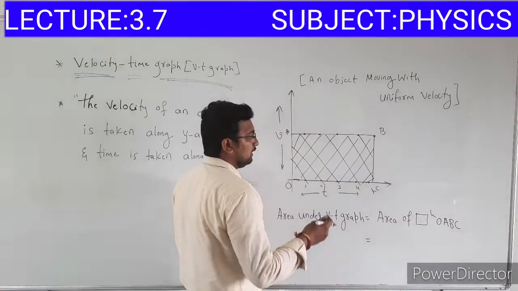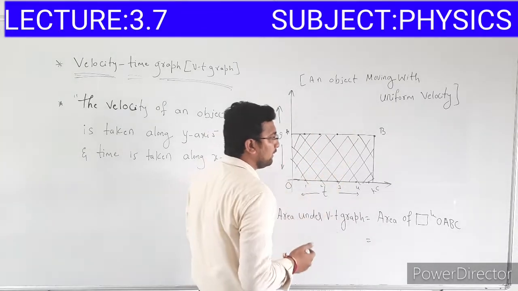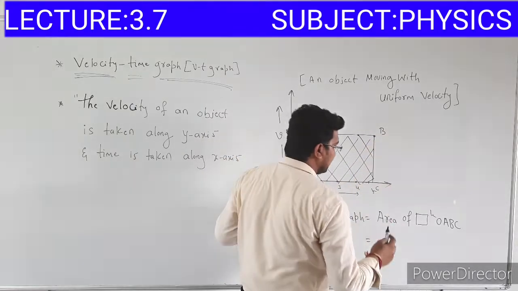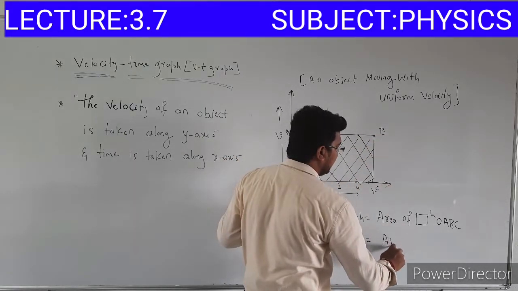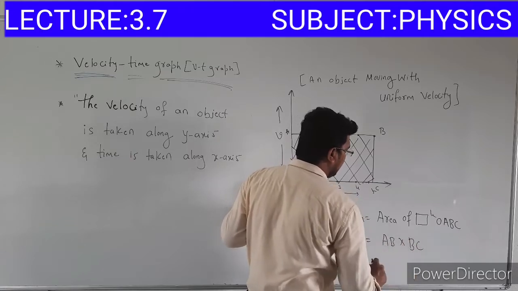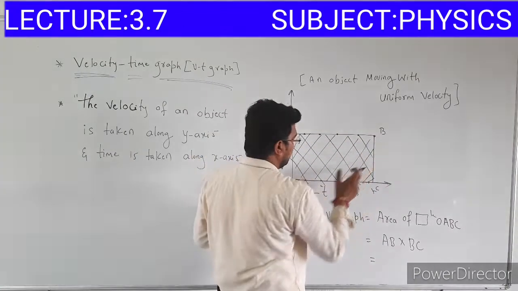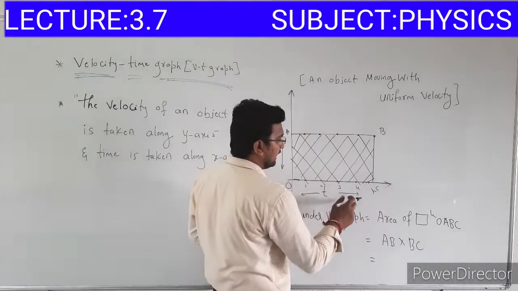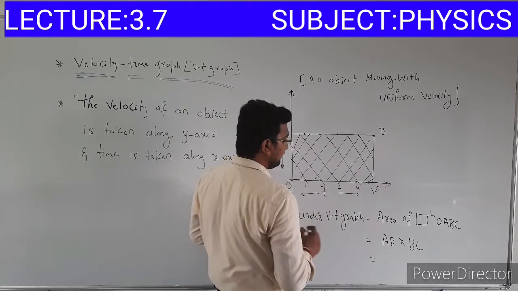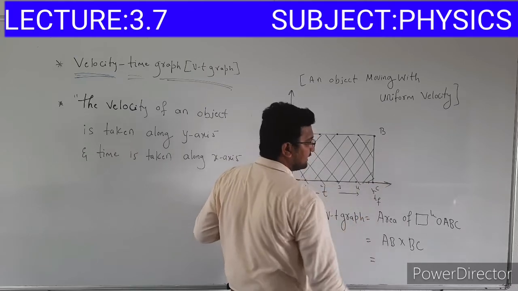Already we know the area of a rectangle is length into breadth. So here length into breadth is AB into BC. What do we mean by AB here? AB is the time interval. Let us assume this is T suffix I, the initial time, and this is T suffix F, the final time.